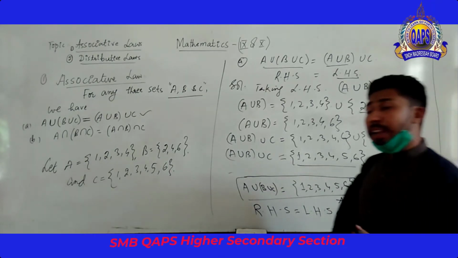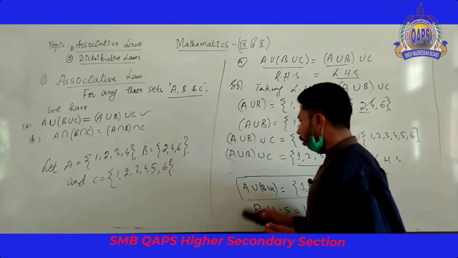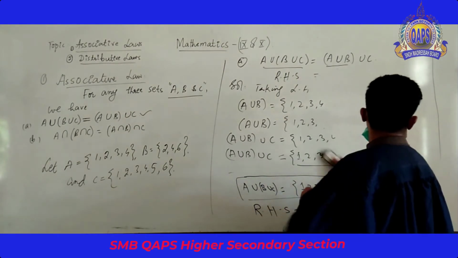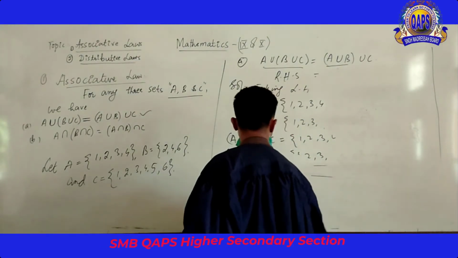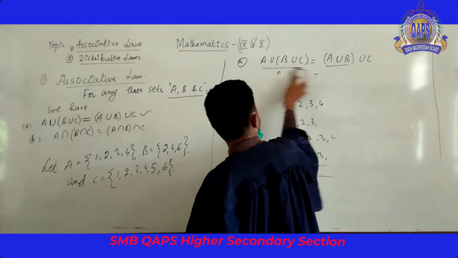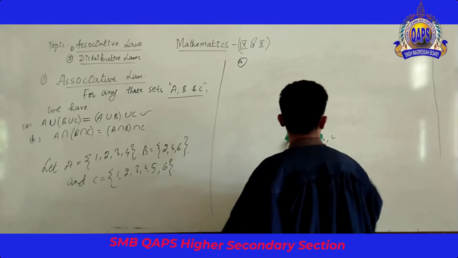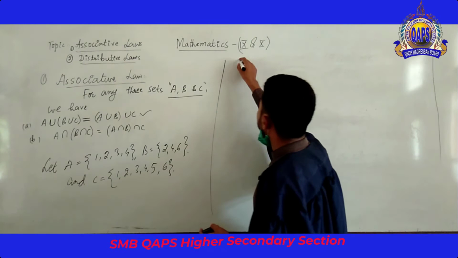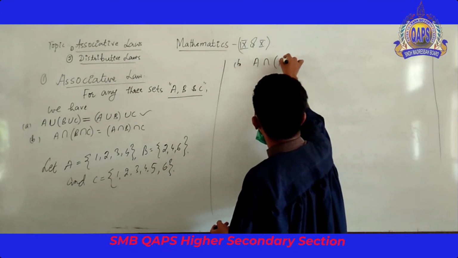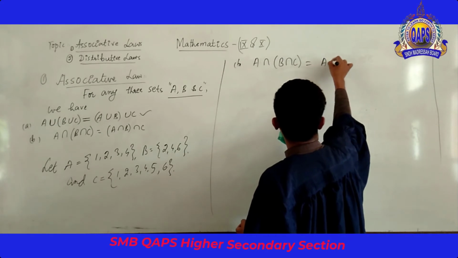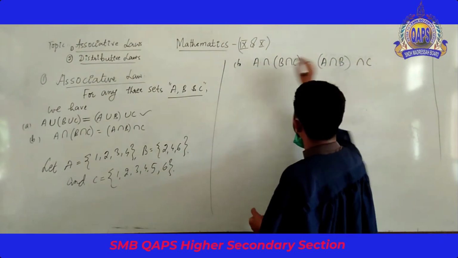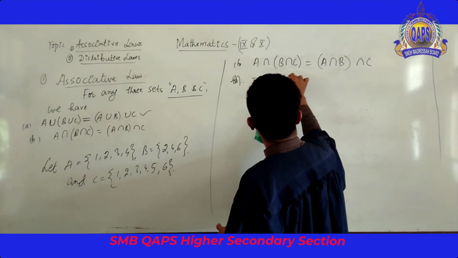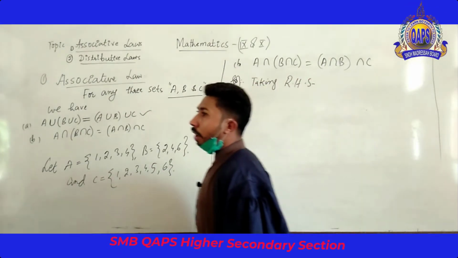Now we are proving intersection between both sets. So here we clean the board, and the second condition, B, is that A intersection (B intersection C) is equal to (A intersection B) intersection C. Solution: here, taking first the right hand side, which condition?